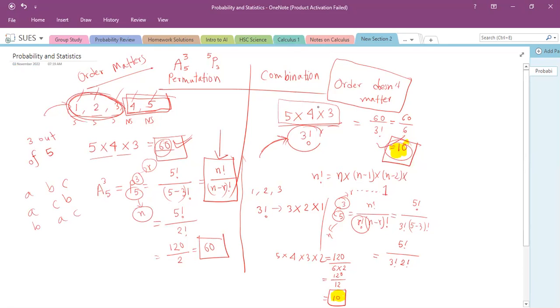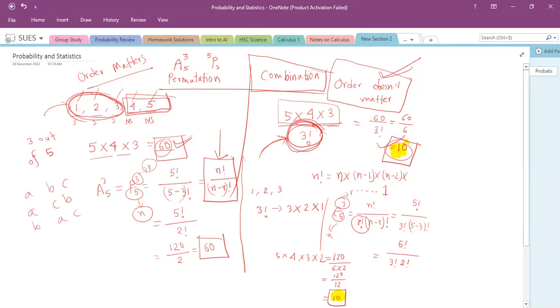And in the combination part, order doesn't matter. So we don't count the rearrange part. We just take them, we just select them. So that's why we have to divide by r factorial, because we don't count the order.